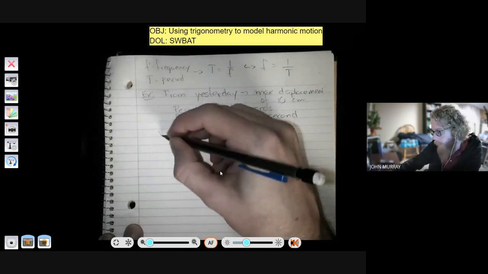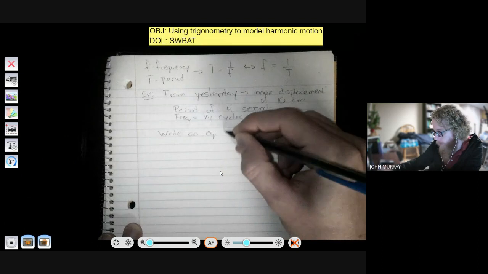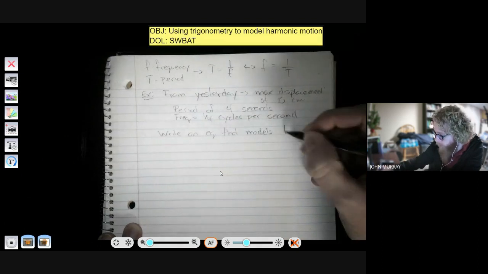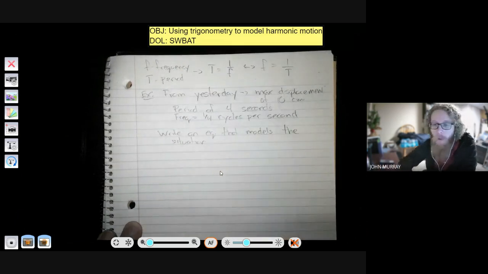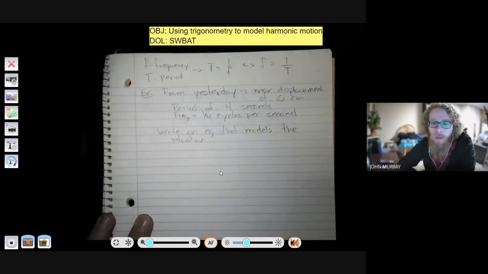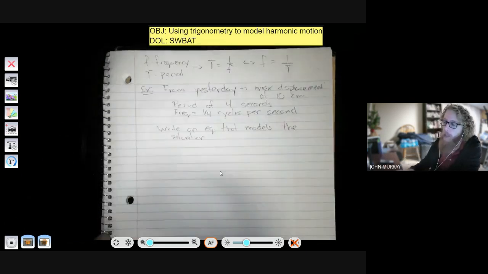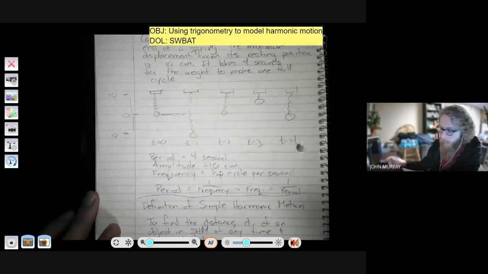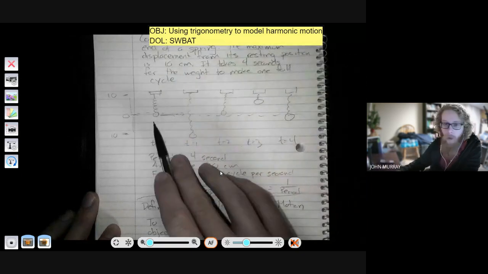All right, so now I want to write an equation that models the situation. The first thing you're going to ask is, did we start in neutral position or did I start up or down? From what we did yesterday, we started in the neutral position.